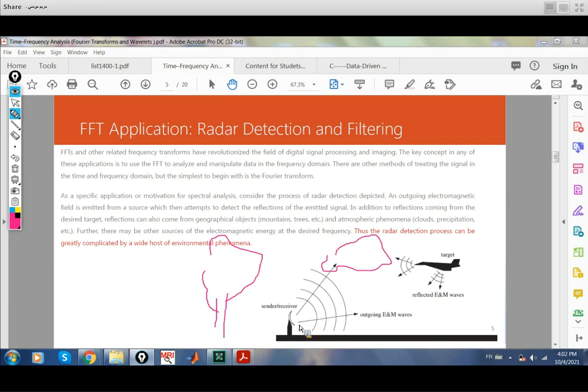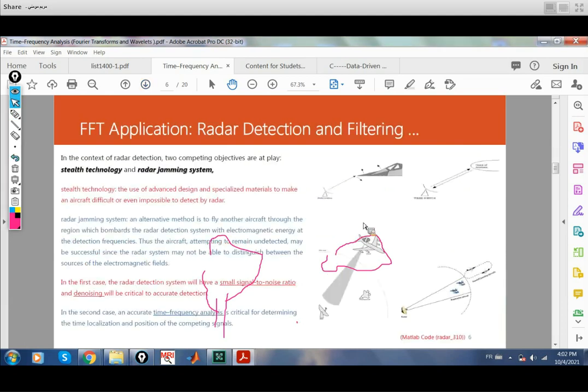Then the received waves here are not related only to this target. It is clearly related to other things like this. Then we receive electromagnetic waves with noise here.